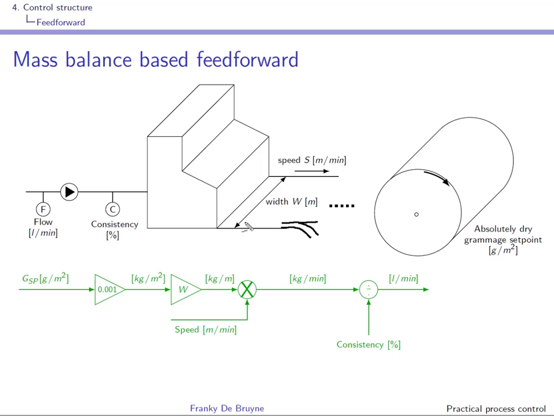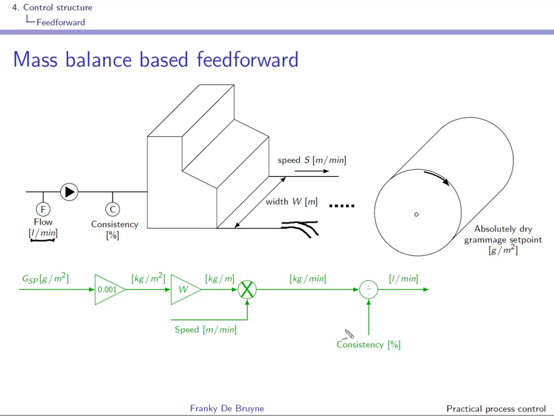Well, here we know how many kilos of fibers we have to put on the wire per minute, but of course we have to translate this, right, to a stock flow expressed in liters per minute.